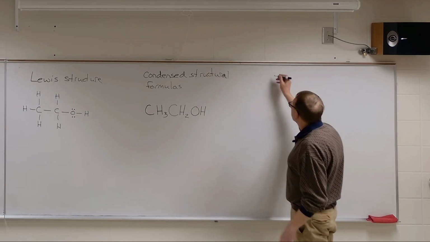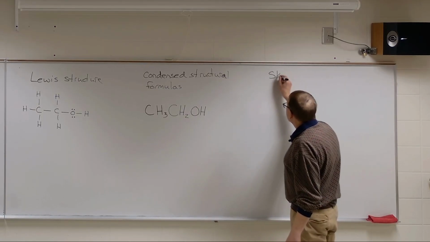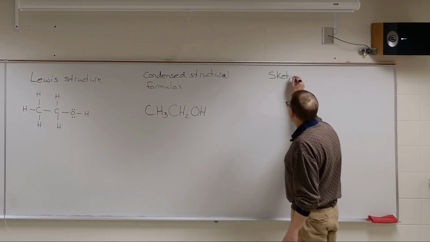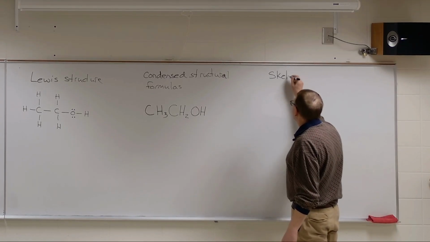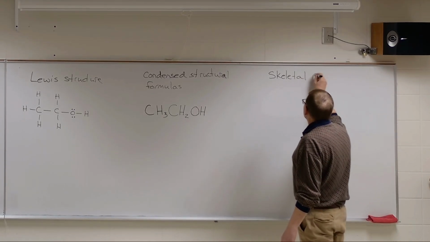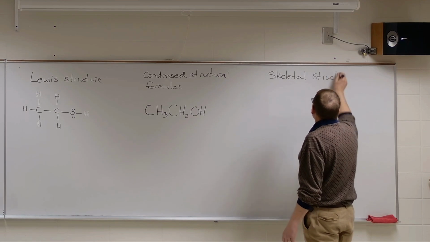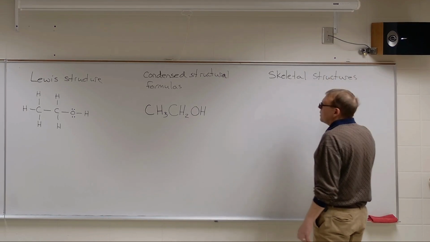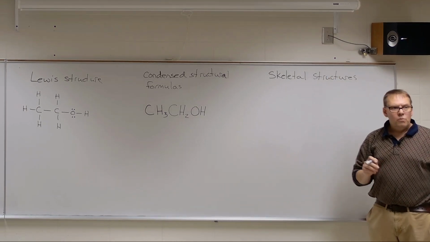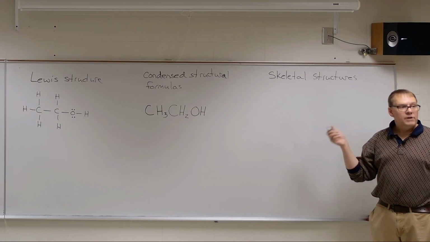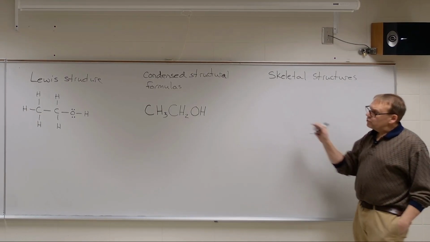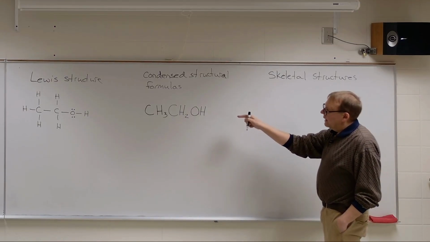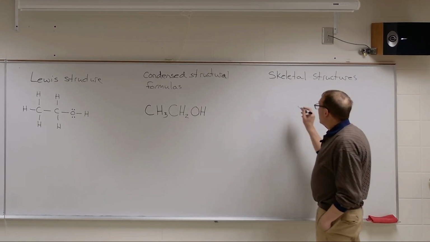The other one we're going to look at are representations called skeletal structures. So these are representations of molecules where we're going to leave out the carbon atoms and most of the hydrogen atoms. So I'm just going to draw the structure of ethanol here in a skeletal structure form, and then we'll talk about it.